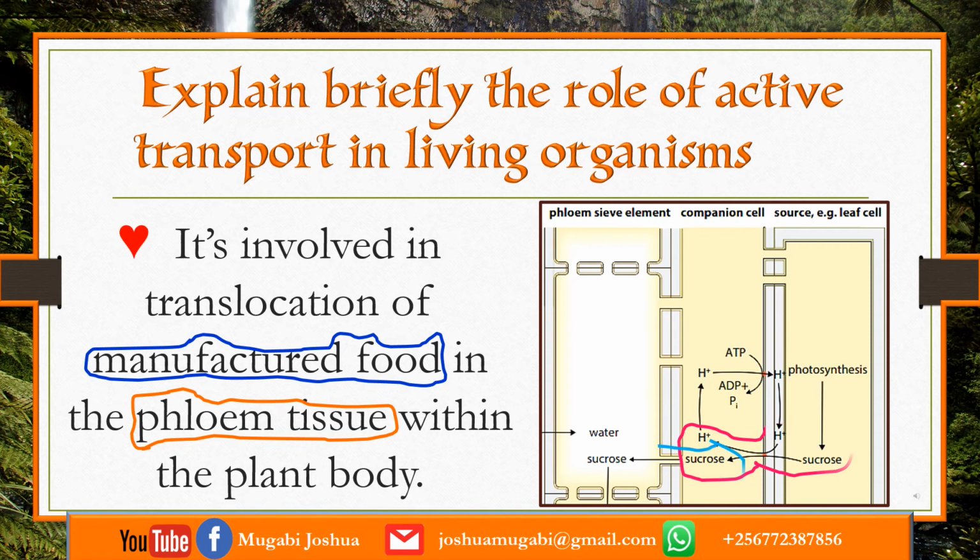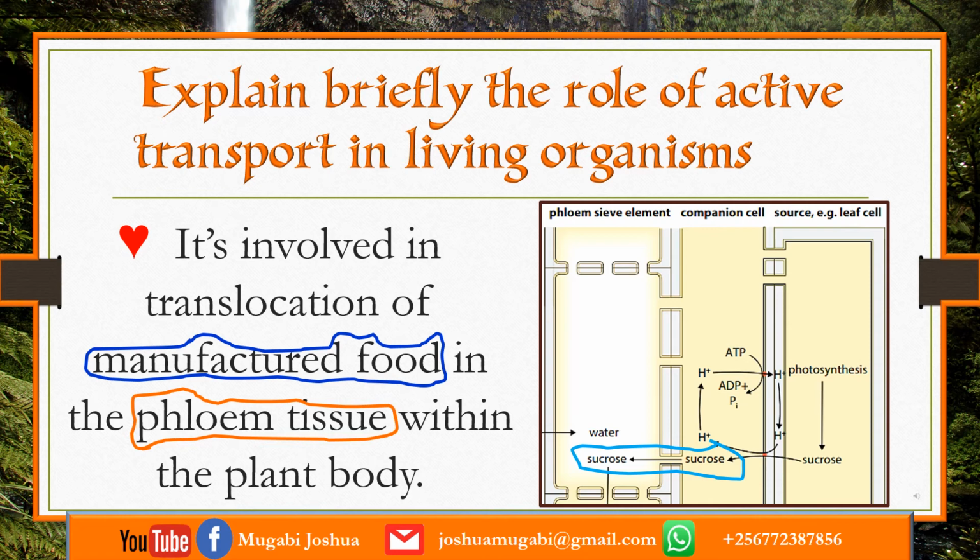When that happens, the sucrose will cross from the companion cell to the phloem sieve element via the plasmodesmata. Plasmodesmata is a connection between the companion cell and the phloem sieve tube. So it will flow along the concentration gradient.